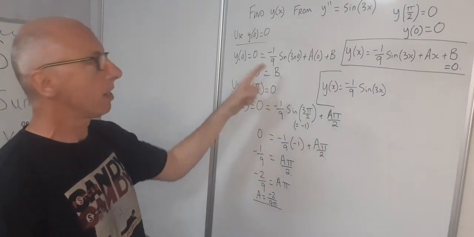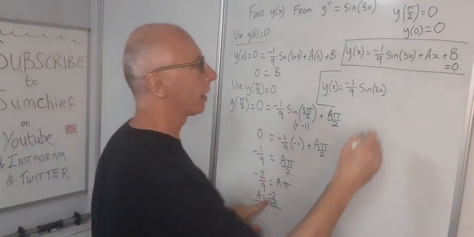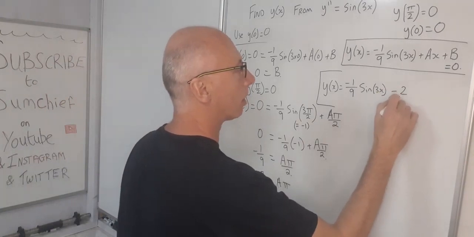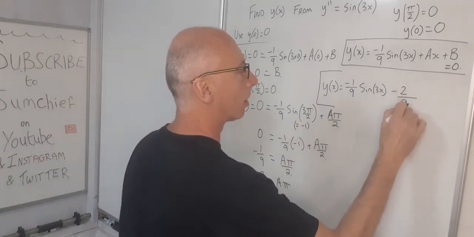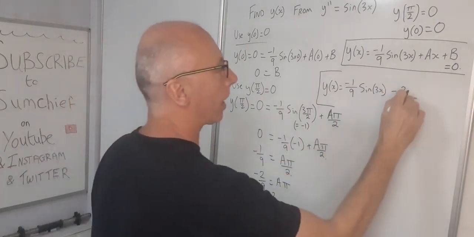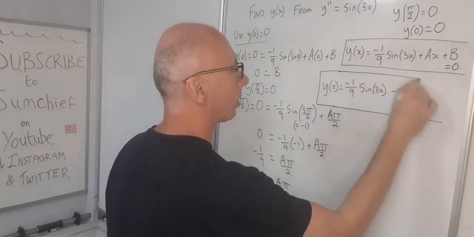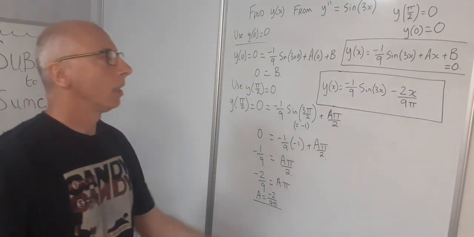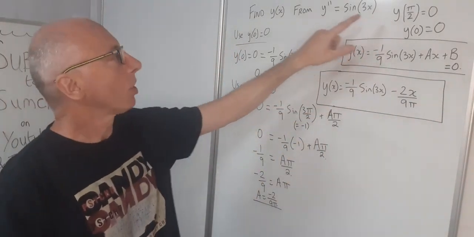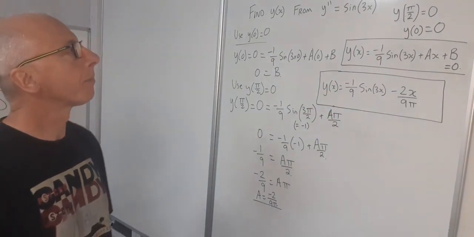The b is 0, so we don't need it, and it's minus 2 over 9 pi, multiplied by our x. So that is our function with these boundary conditions, knowing that the second derivative is sine of 3x. Okay.